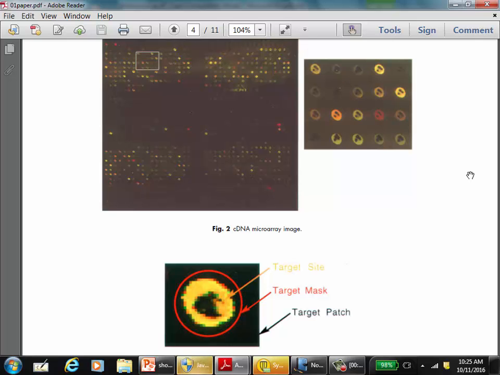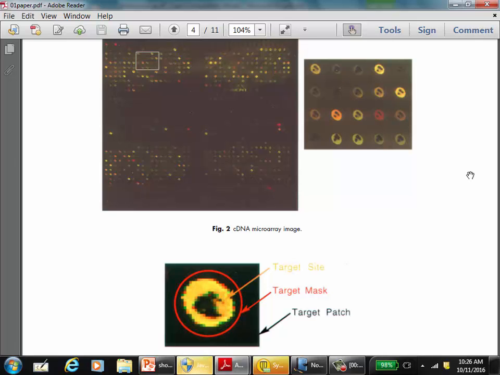You may not know exactly, but based on that, you can have a target patch, because you know where the robot did the spotting and all that, right? In that target patch, there is also a target mask, inside which is the signal that you're interested in. Anything outside this mask is the background, right?